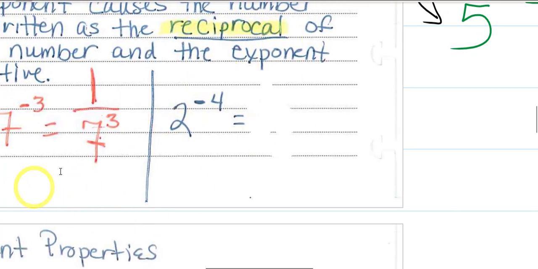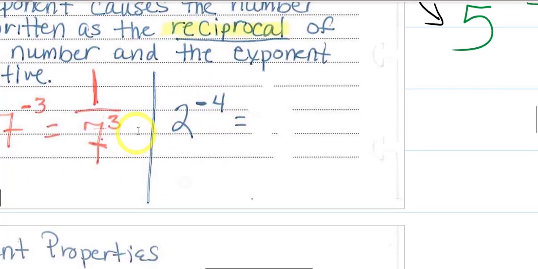And for the last one here, I have 2 to the -4th. Because I see that it's a negative exponent, I'm going to use the negative exponent rule, which means you rewrite the fraction, moving the numerator of 1 to the top, and now the denominator becomes 2 to the +4.